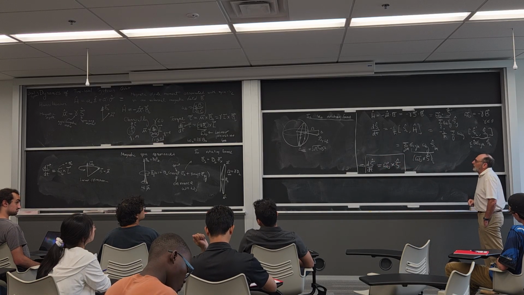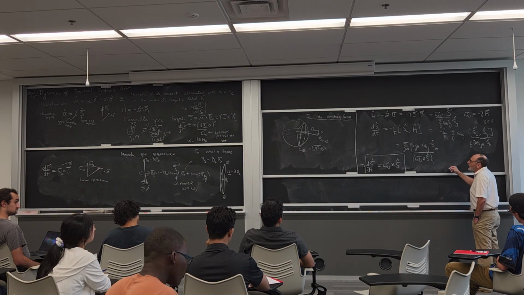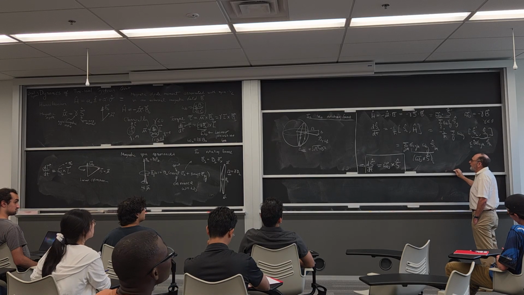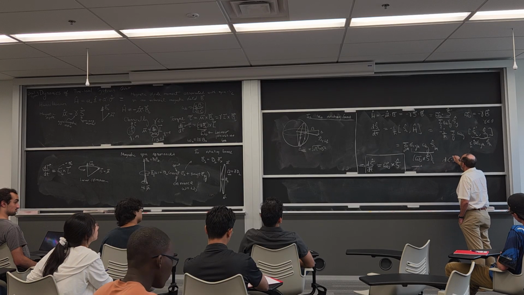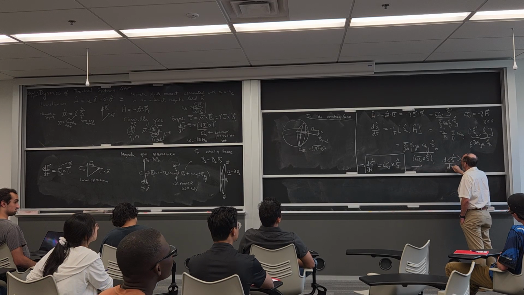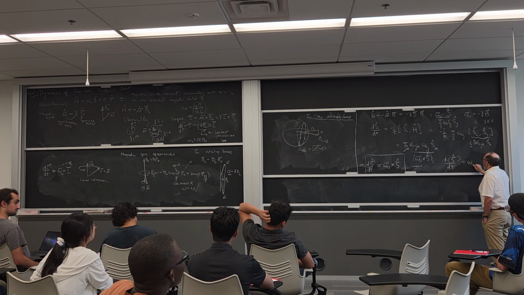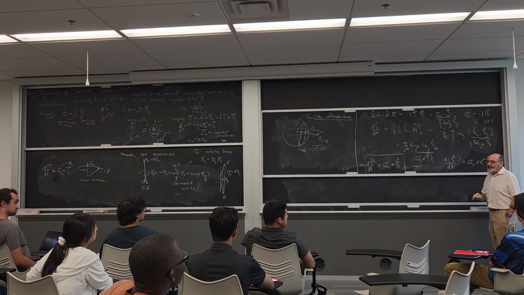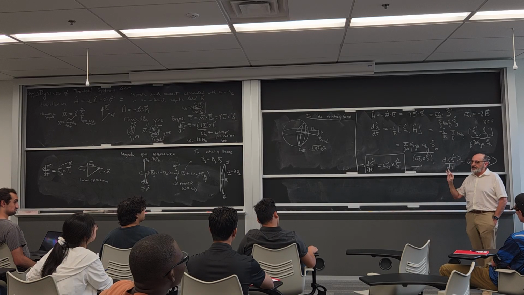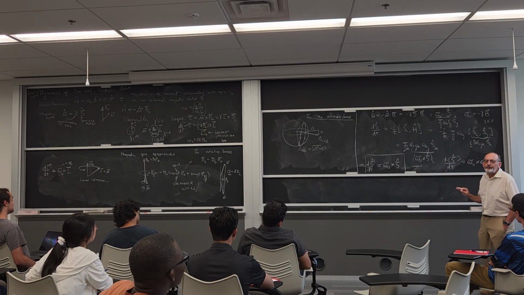Which means that for any state of the system, the expected value of that operator, which is the mean spin vector, undergoes the same Larmor precession. Exactly the same Larmor precession as the classical spin does.